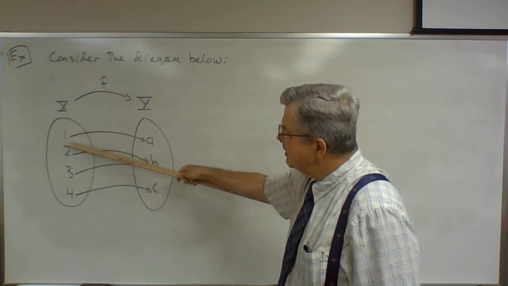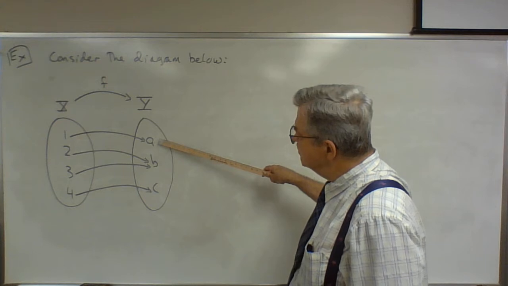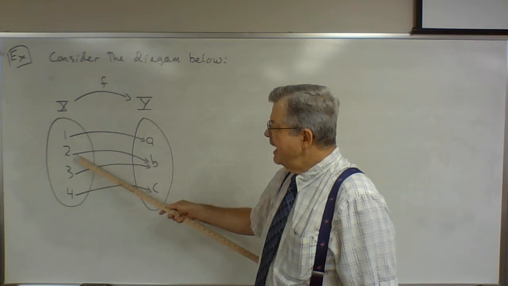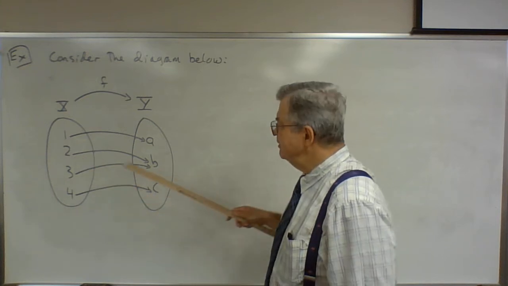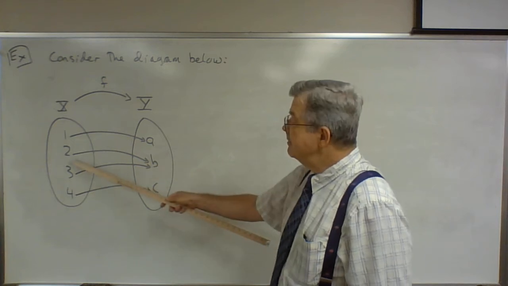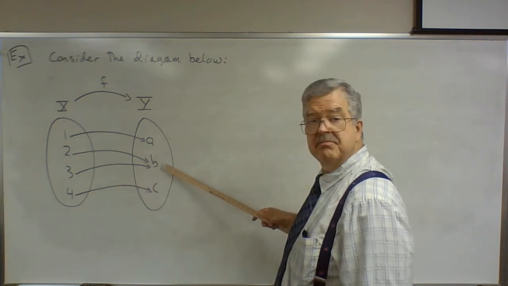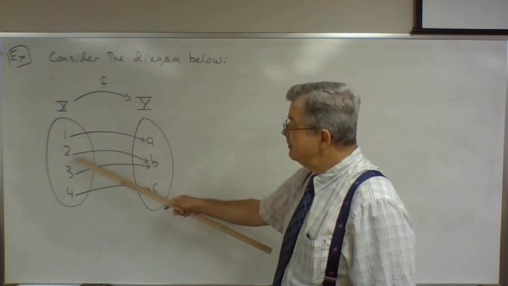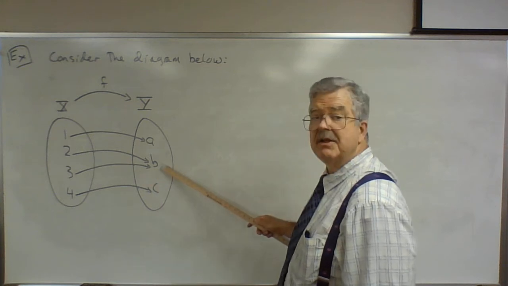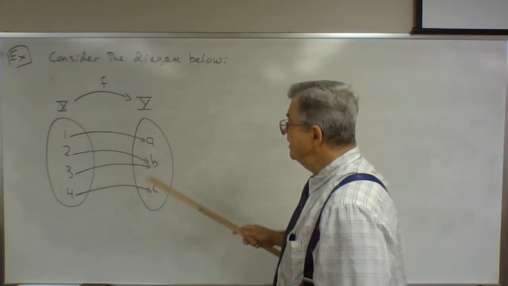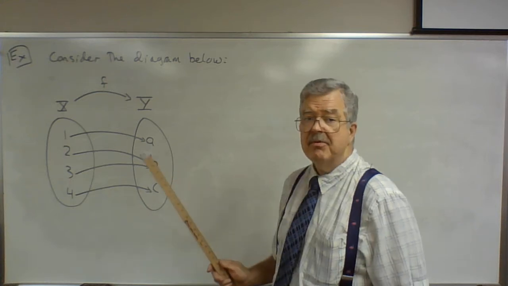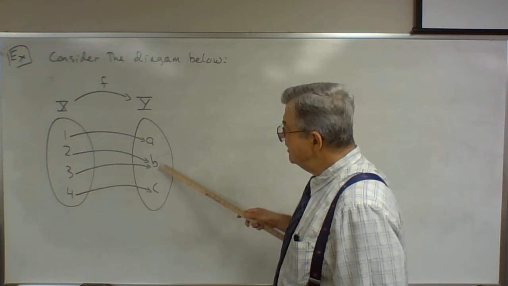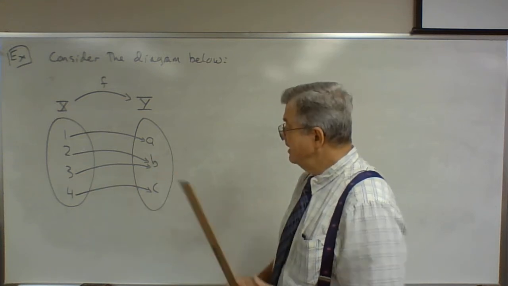Element 1 in set X is assigned exactly one element in set Y. Now let's look at this one. Element 2 is assigned what element in set Y? Element 2 in set X is assigned the element B in set Y, right? So element 2 in set X is assigned exactly one element, B, in set Y. No problem. Element 3 in set X is assigned exactly one element, set Y, element B.